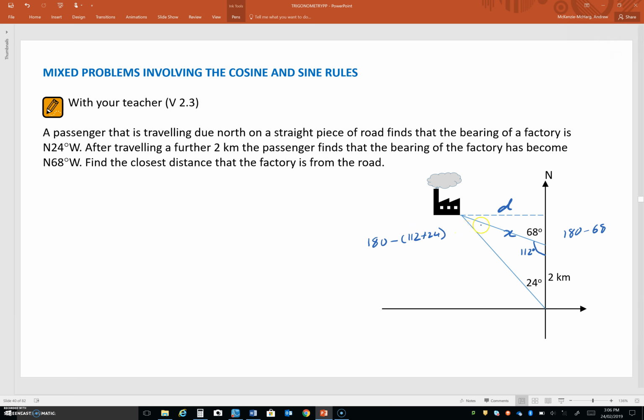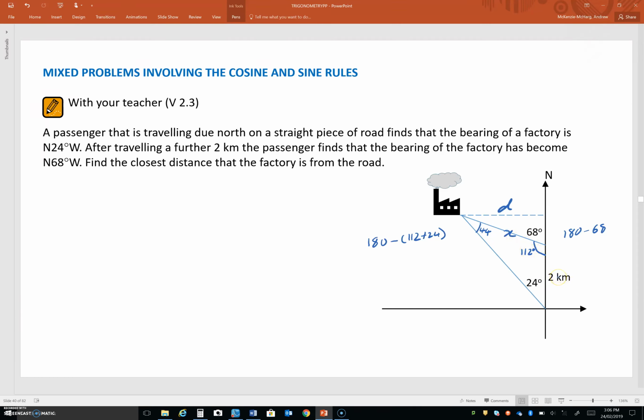So we can see here we've got two side lengths involved, one that we want to find and one that we've got, and at least two angles. Now remember, two sides, two angles leads us to the sine rule.